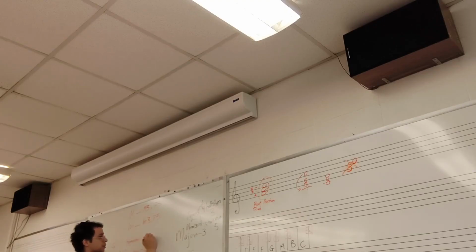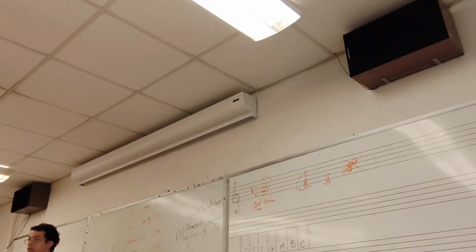So for augmented, I'm going to skip the thirds for now. Augmented and diminished are going to have the following fifth intervals: what we call an augmented fifth and a diminished fifth.